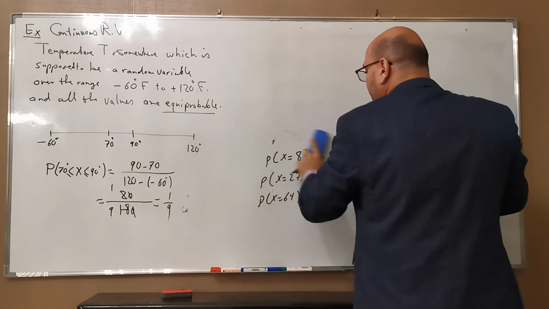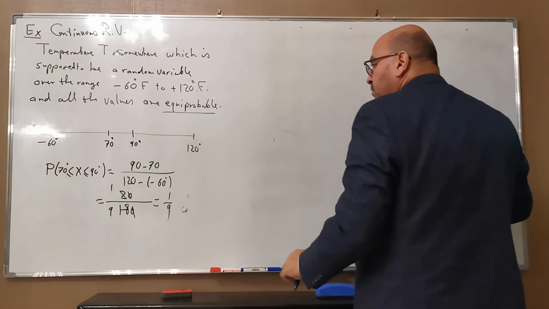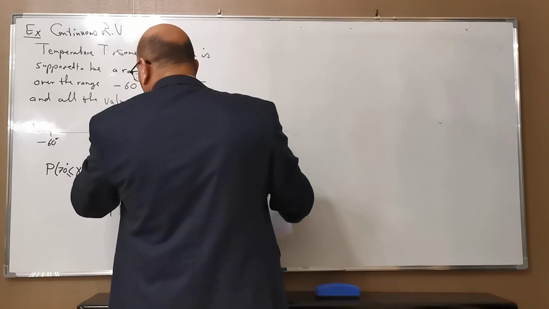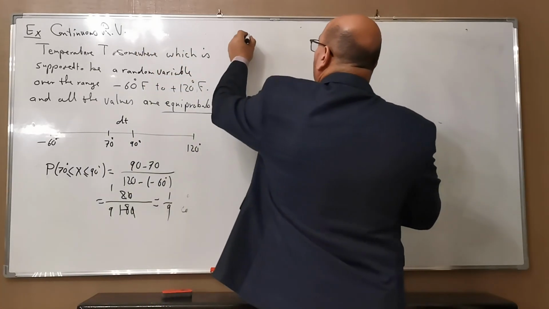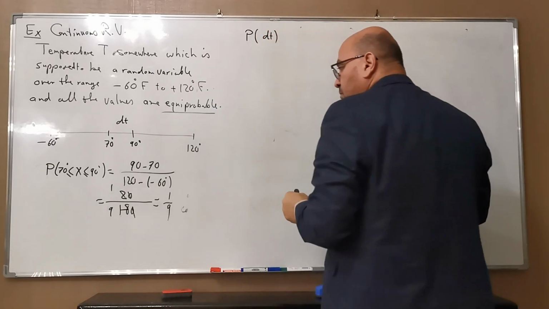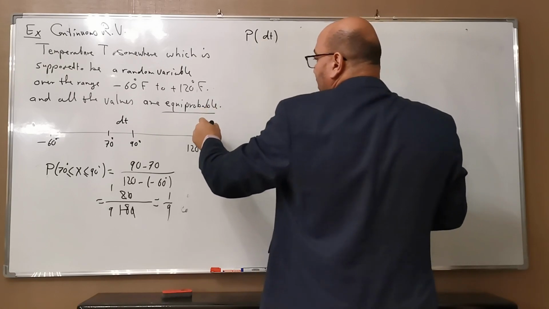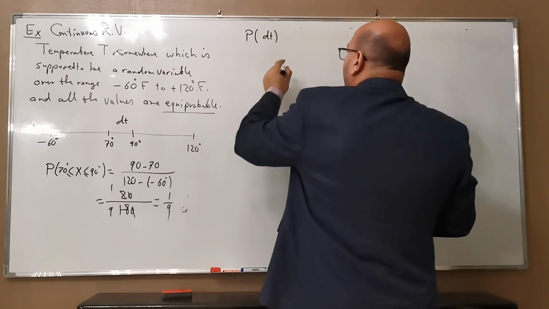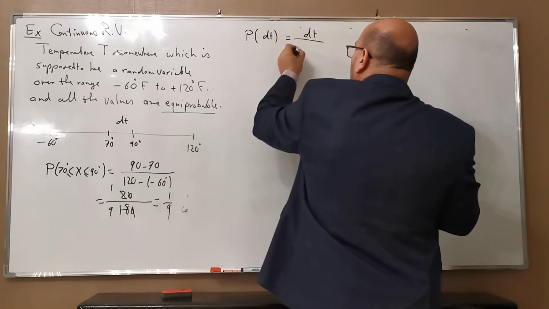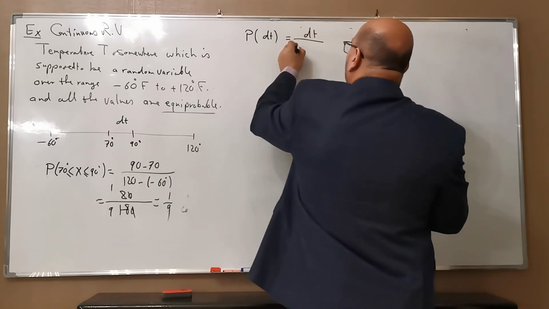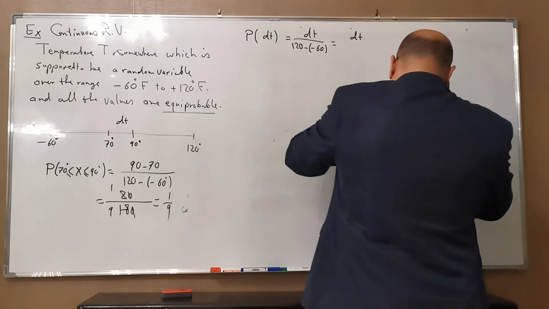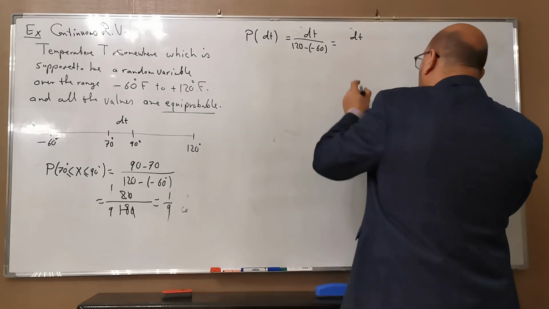Let me now choose any dt here, where dt is very small. So the probability of dt, which is a value that is very small, is equal to dt divided by 120 minus 60, and this is equal to dt divided by 180.